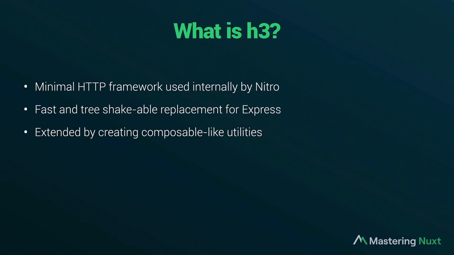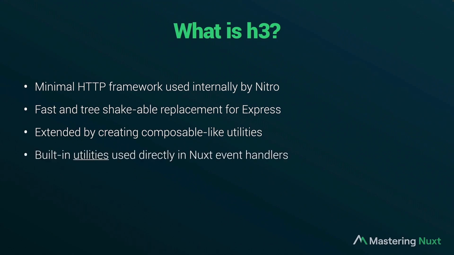But the way that you write event handlers in H3 feels very similar to the composition API because of these composable-like utilities. And we haven't used very many of these yet, but in the next chapter, we'll actually see a bunch of these in action. So we have utilities like read body, which lets us read the body of the request, get query, set cookie, which lets us set the cookie on the response.